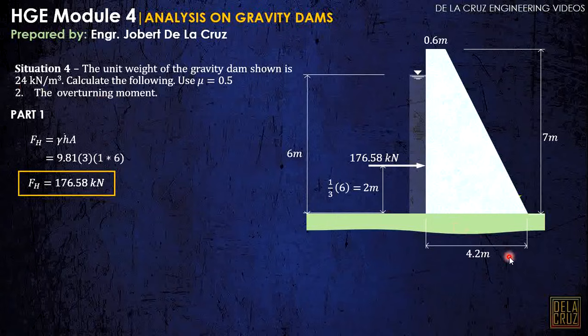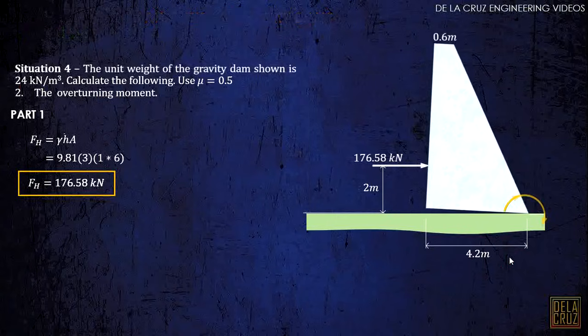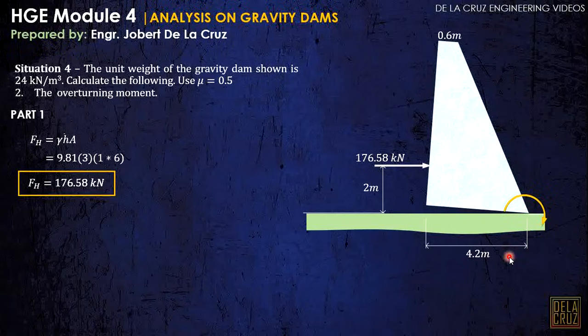The overturning moment is the moment that will overturn like this. I hope you can imagine that. As you can see, this overturning moment is just this force times this distance of 2. So, we can just calculate this. And this is it.